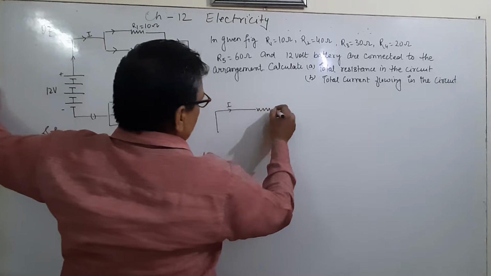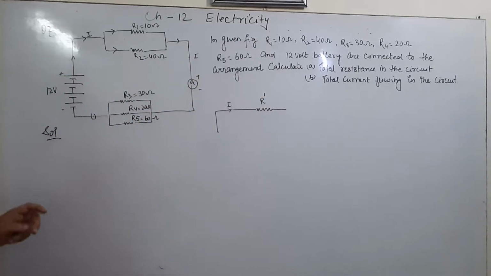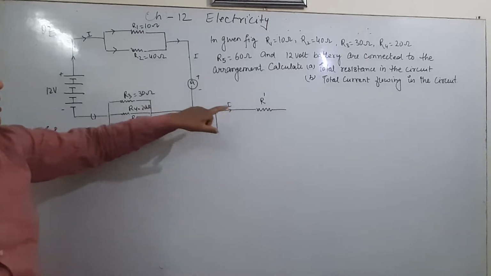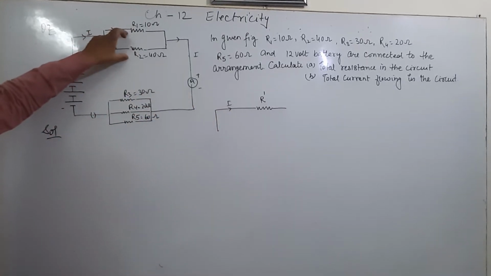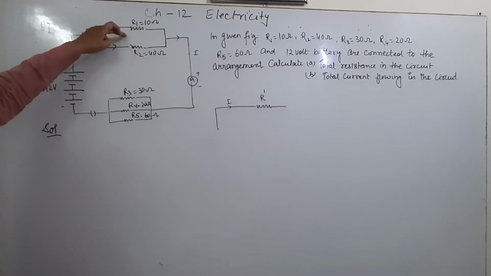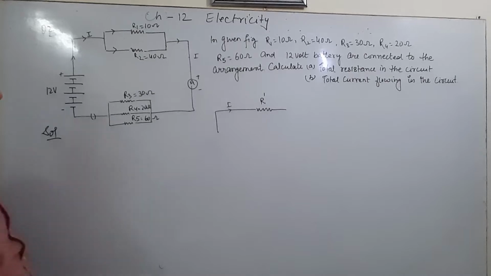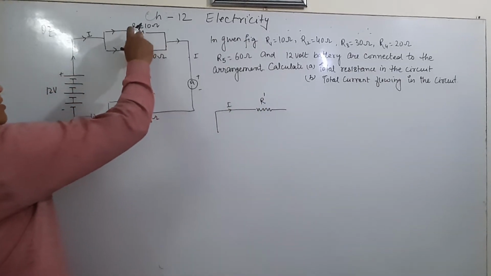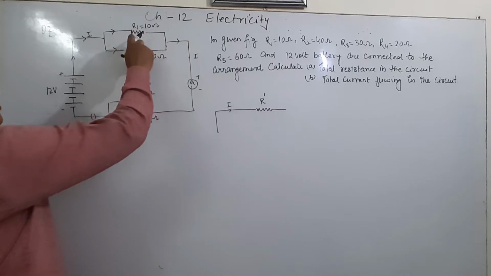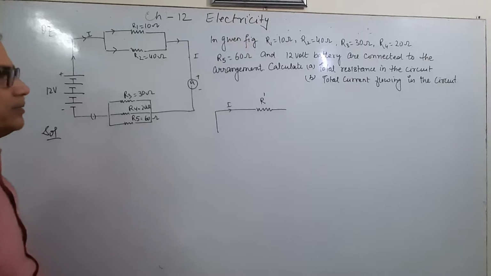Then the total resistance, this R dash, we are assuming that R dash is the total resistance obtained by combination of R1 and R2, whereas R1 and R2 are connected in parallel. So this R dash represents the total resistance of R1 and R2 which are connected in parallel.